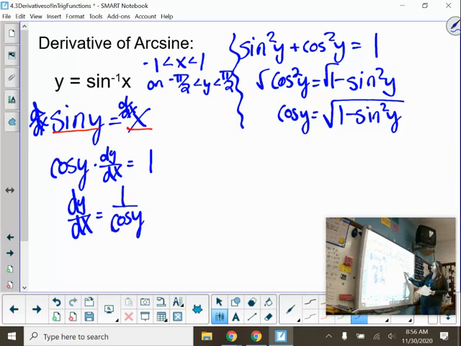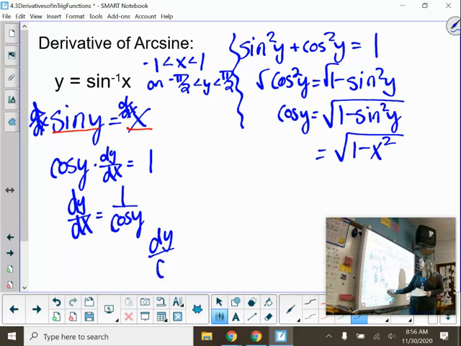So this is actually the same thing as the square root of 1 minus x squared. And that's where we get our formula here. So since cosine of y is equal to the square root of 1 minus x squared, that means that my dy/dx here is equal to 1 over the square root of 1 minus x squared.